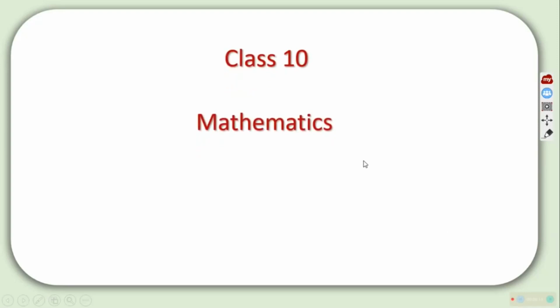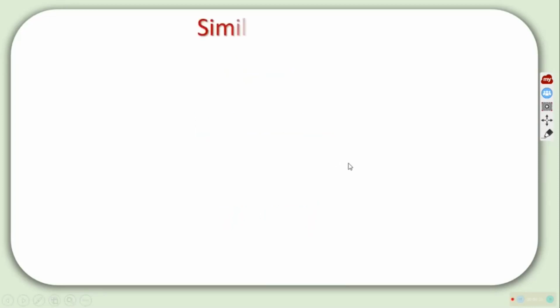The lesson is similarity under mathematics part 2 of your textbook. The term similarity is very simple and it has got a meaning that something which looks similar.